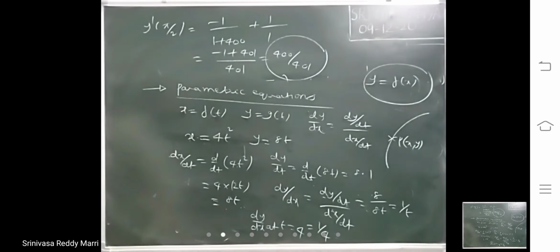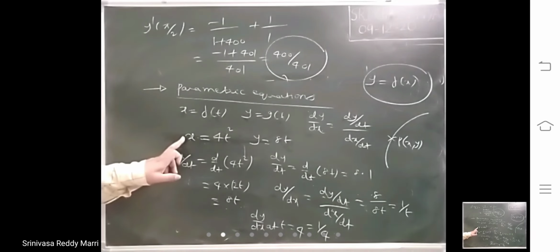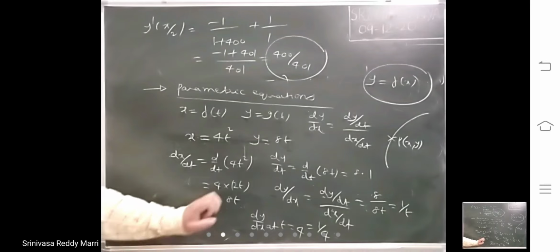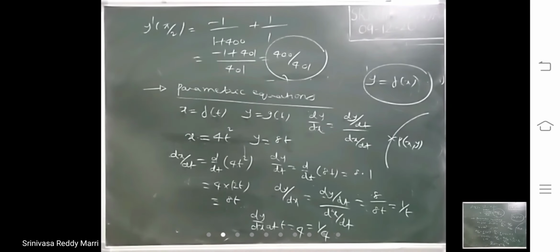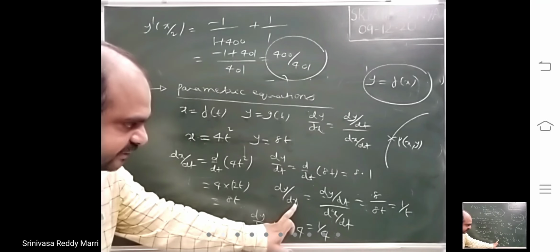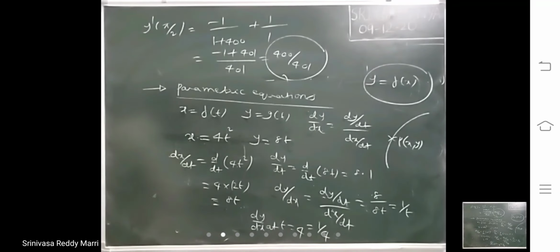That is dy by dx. In that case, we find how x is changing with respect to time, dx by dt, and how y is changing with respect to time, dy by dt. Then dy by dx is dy by dt divided by dx by dt. These are called parametric differentiations.